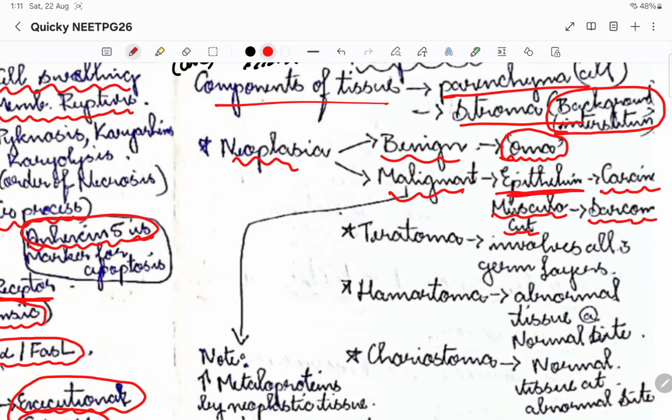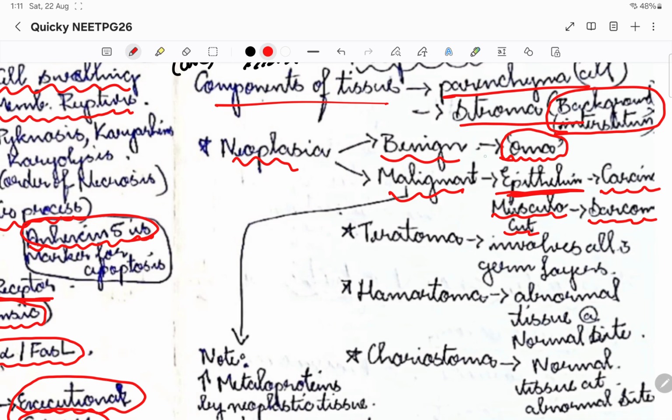Let us take bone cancer as the best example. If it is malignant, meaning it is spreading beyond its borders, then it is malignant. Benign is when it is remaining in its own space; it is not going elsewhere, it is remaining in the bone itself.